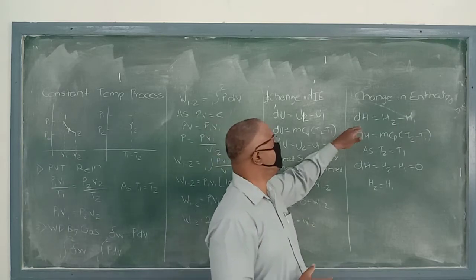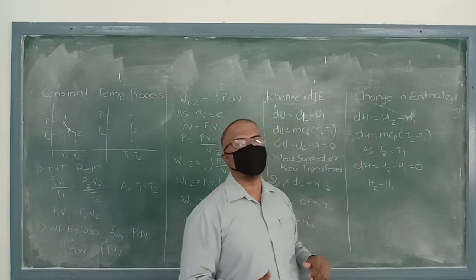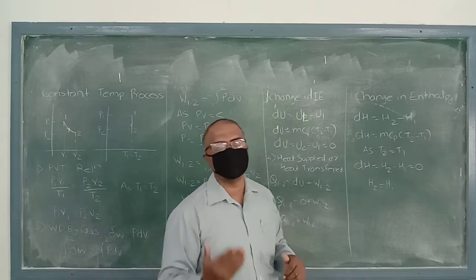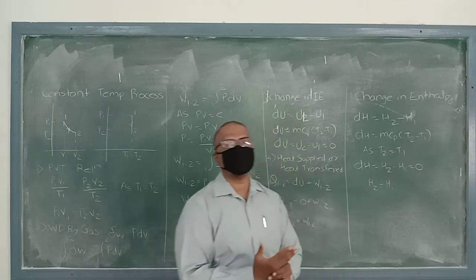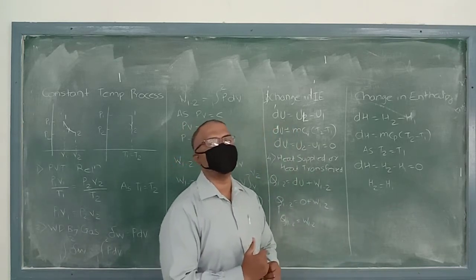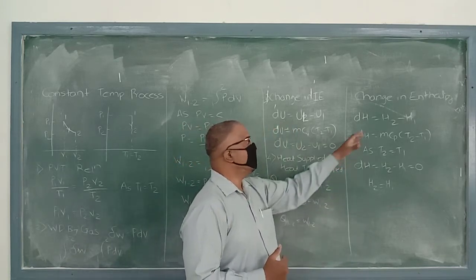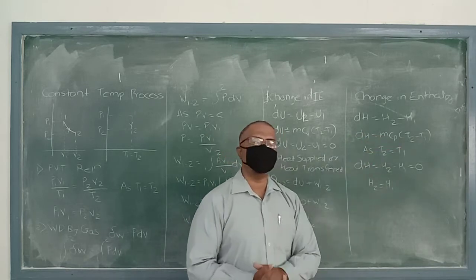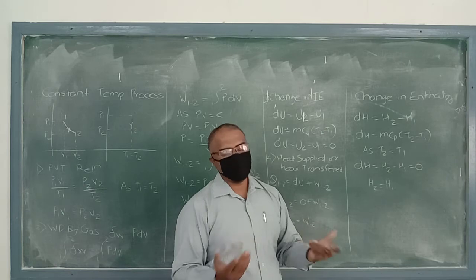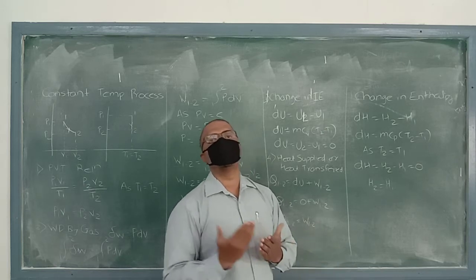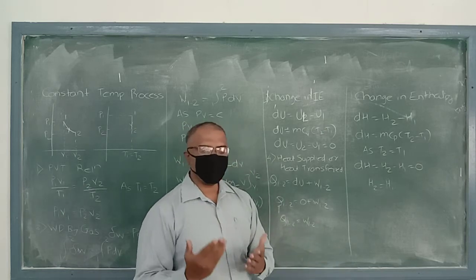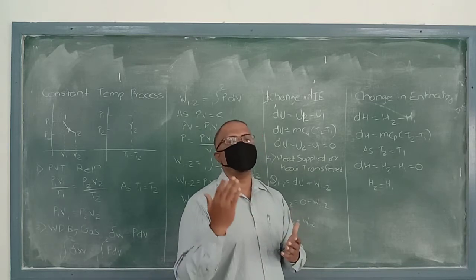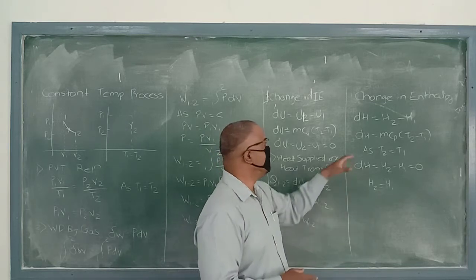Next point is the change in the enthalpy. dH is equal to H2 minus H1, meaning enthalpy at state 2 minus enthalpy at state 1. We substitute dH is equal to mCp (T2 minus T1), but once again T2 is equal to T1, so there is no difference between T2 and T1.